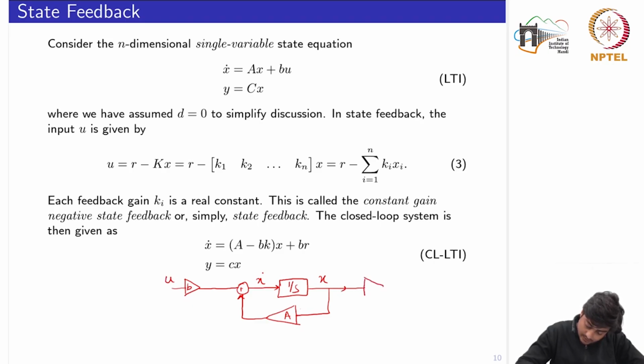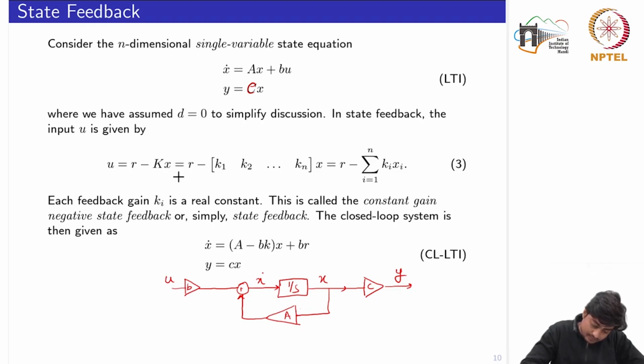If I put again C, we would obtain y. You should read this as a small c, because it is a single input single output system. So this is the LTI system we have.